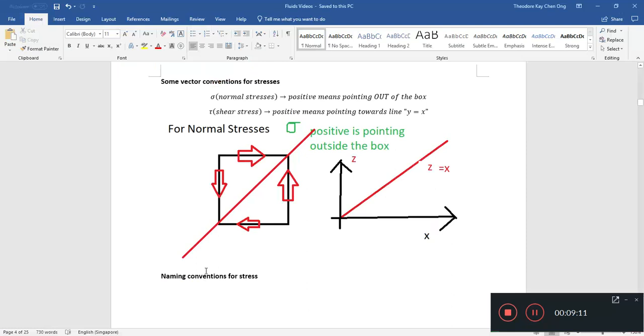So let's start with how to name planes. We name planes by seeing what direction they are perpendicular to.